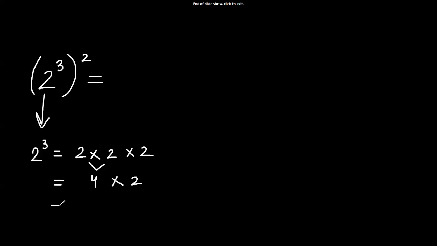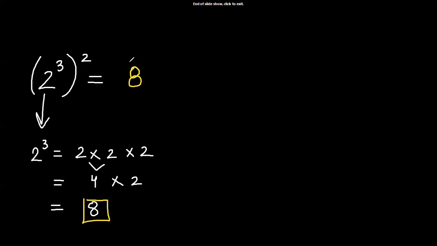So we already know that 2 to the third power is 8. And since we know that 2 to the third power is 8, we're going to say, okay, well, 8, right?